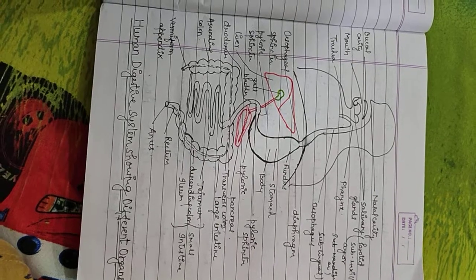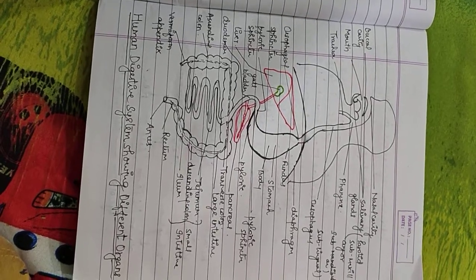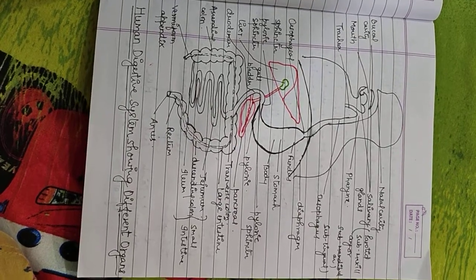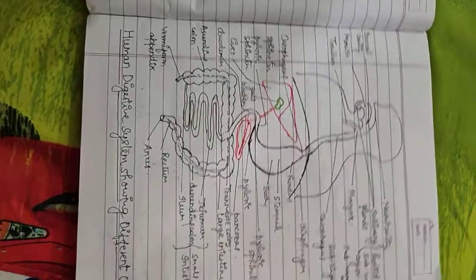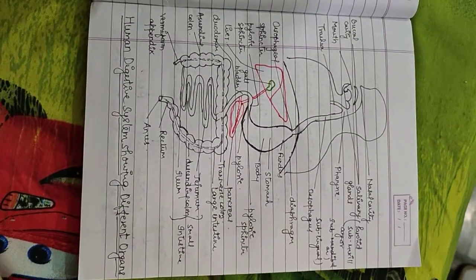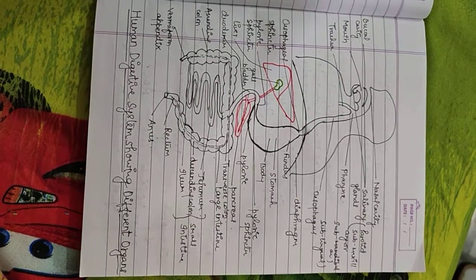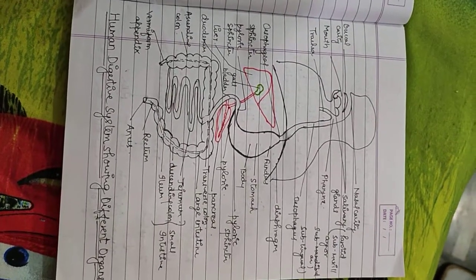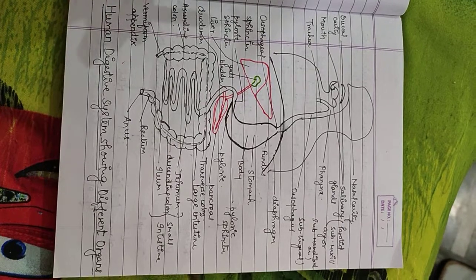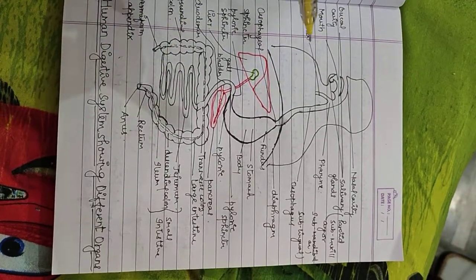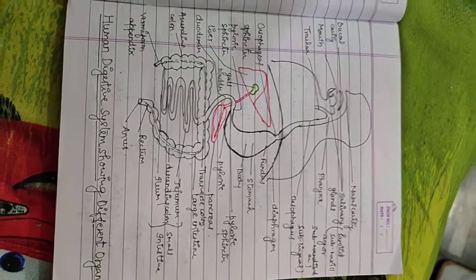Hello students, in this video I am going to tell you about the human digestive system. So you can see in this diagram, this is the digestive system of a human being and it's very complicated. I will tell you about all the organs involved in the digestive process.